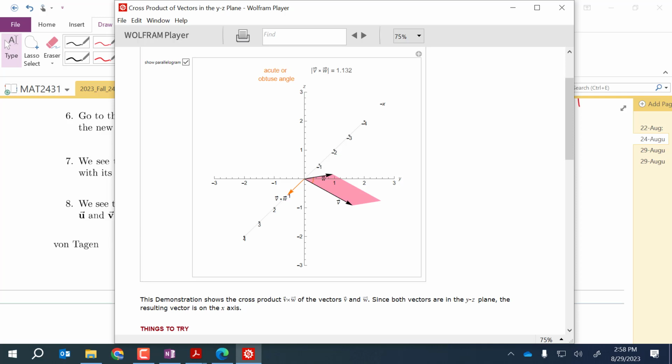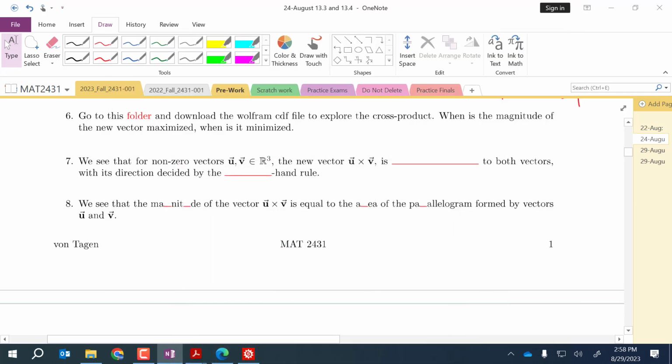So if I have two vectors and I want one to be orthogonal to both of them, the best way to do that is to take their cross product. So we saw that this was orthogonal to both vectors, while its direction was determined by the right-hand rule. Okay? What we saw in that demonstration was that the magnitude of the vector u cross v was equal to the area of the parallelogram formed by those two vectors. Okay?